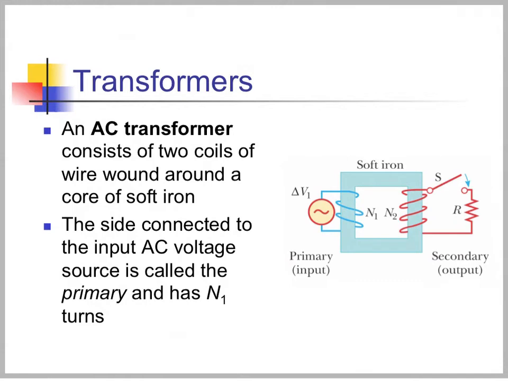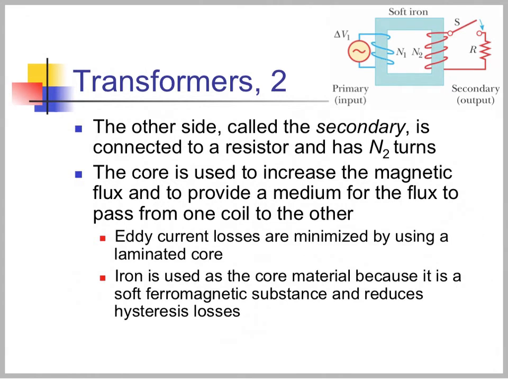The other side is called the secondary, or the output. It's connected to some sort of load or resistor and it has N2 turns. That soft iron core is used to increase the magnetic flux and provide a medium for the flux to pass through one coil and into the other.